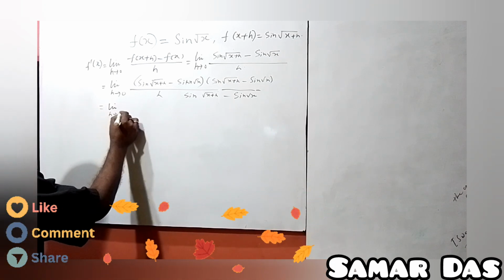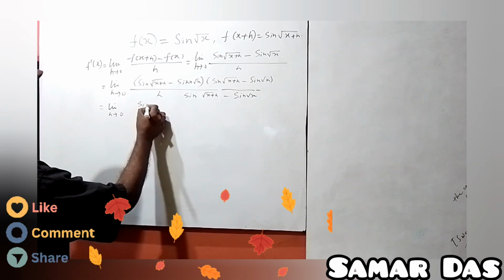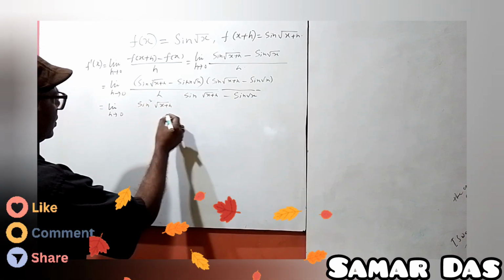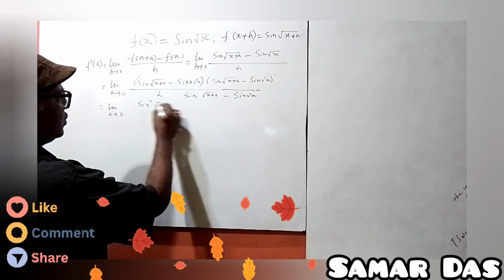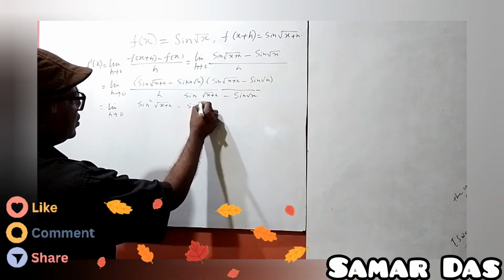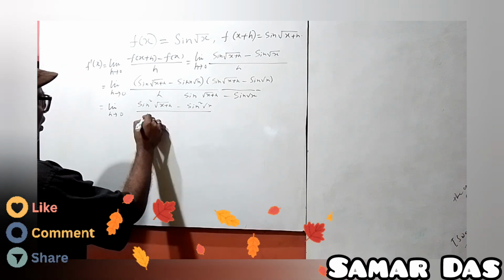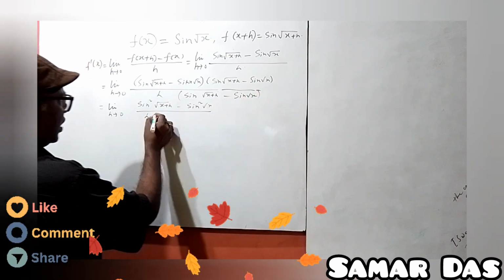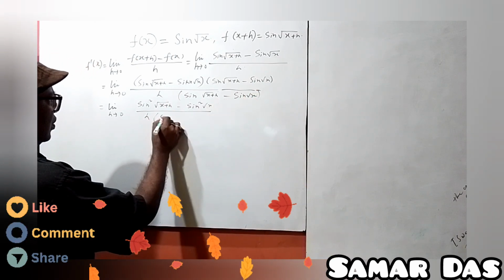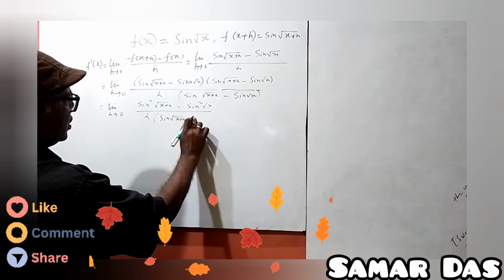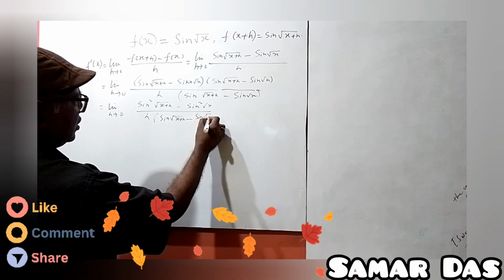Broadly, this is limit h tends to 0. See sine square. Here write this step: sine square root over x plus h minus sine square root x over h times of sine root over x plus h minus sine root x.